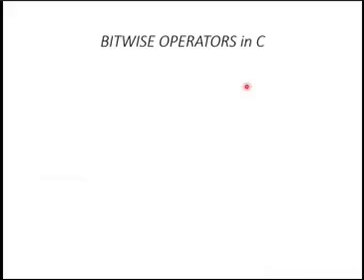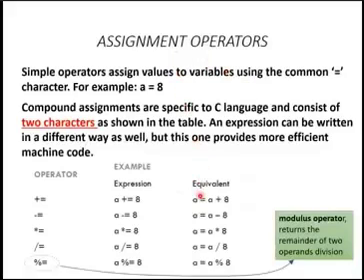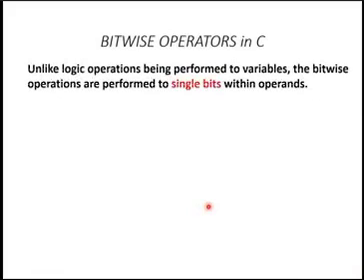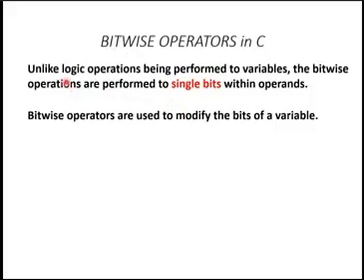But what if the value is, let's say, 17? 17 divided by 8, we get 16, and the remainder is 1. So it will return the value of 1.